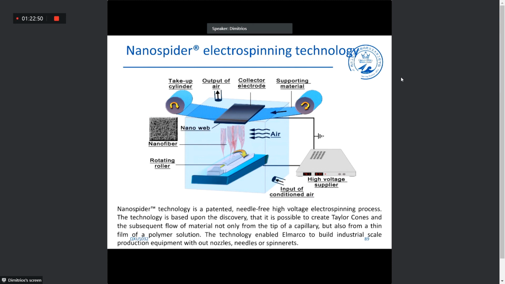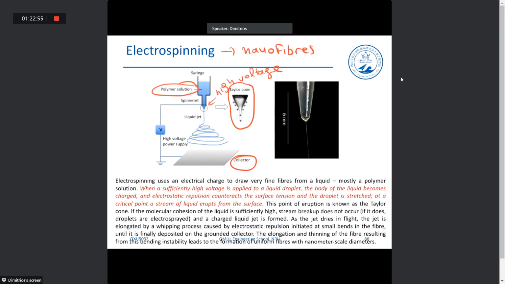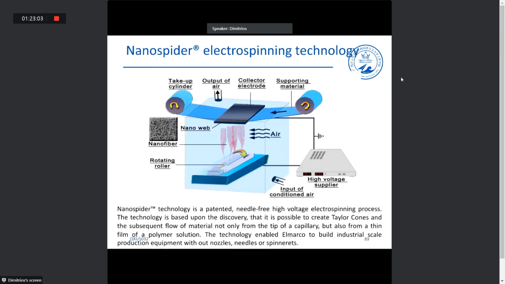And here we have a roll-to-roll process where essentially the collector continuously, the supporting material continuously passes over the collector and collects new material, and so on.